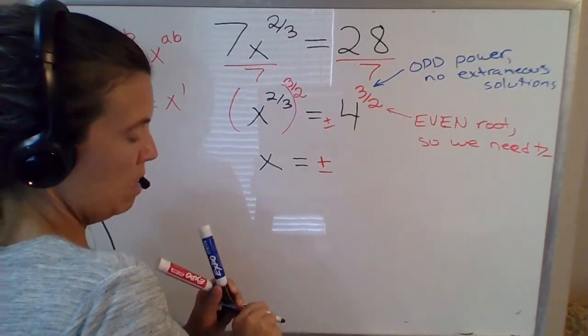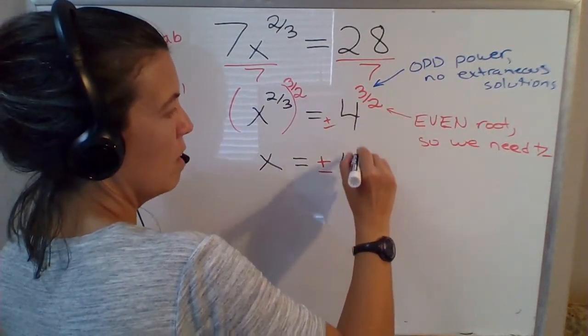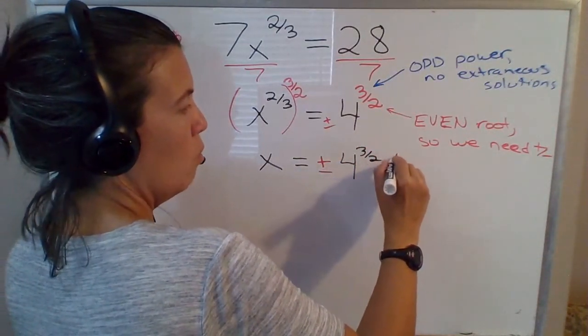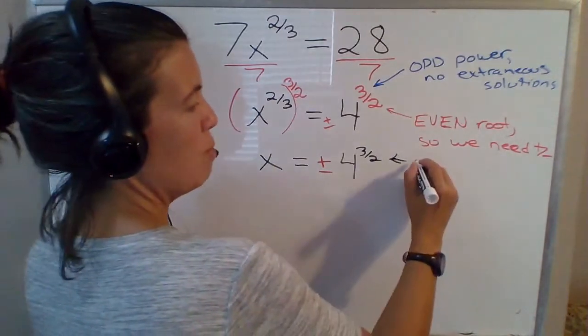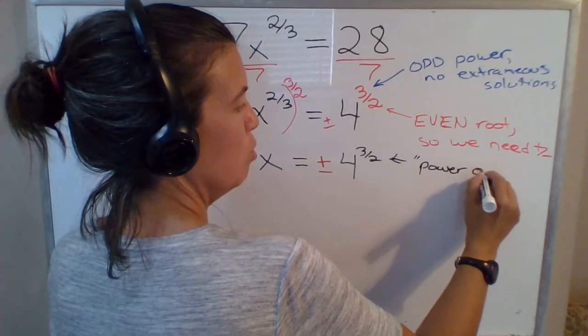So plus or minus 4 to the 3/2. I'll write it that way. Now, rational exponents like this 3/2 power, we read that as power over root.